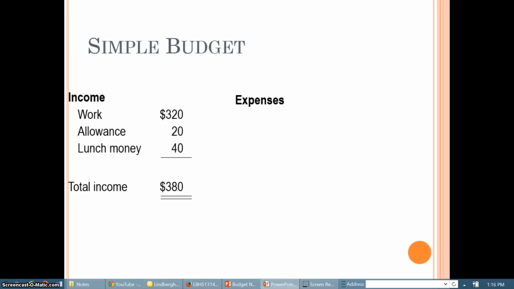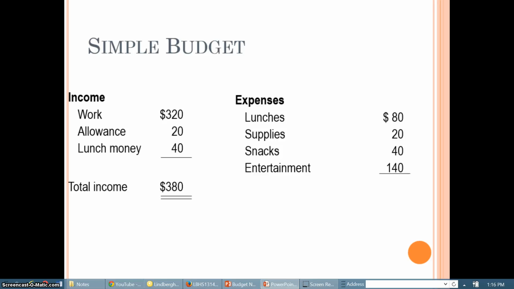I know that I need to spend my money on lunches, supplies, snacks, and entertainment. So my total expenses are $280. As you can see, my income is greater than my expenses, which means then I have $100 that I can put towards savings at my local credit union.